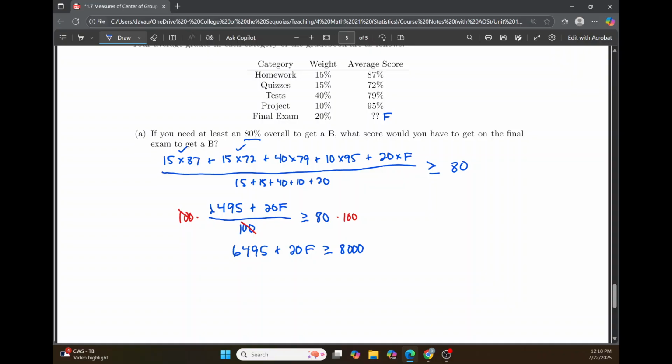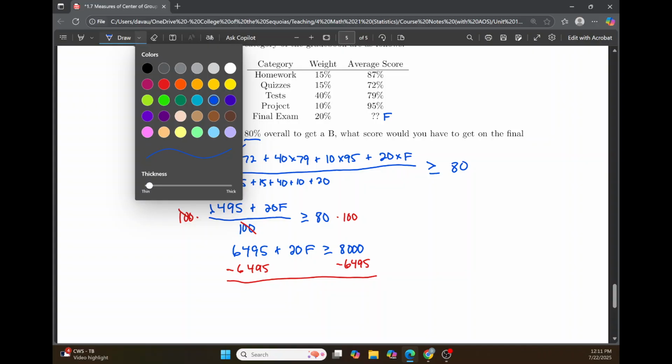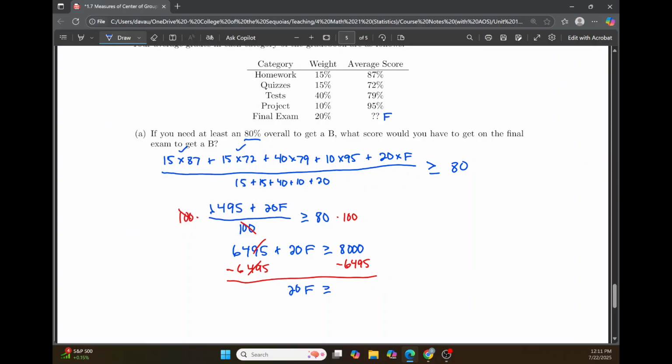So I'm going to subtract 6495. And those will cancel now, right? And that should leave me with 20f is greater than or equal to whatever 8,000 minus 6495 is, which I should be able to do in my head, but I'm going to be lazy and use my calculator. So 1505.